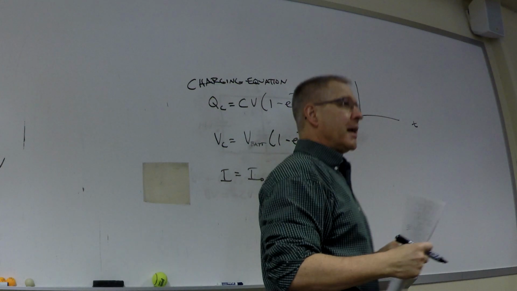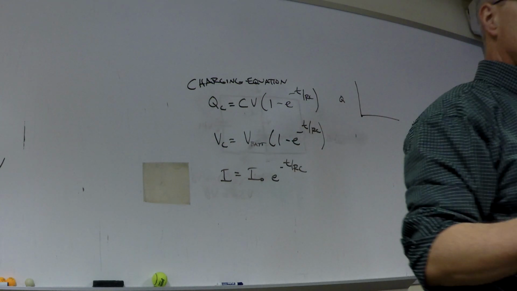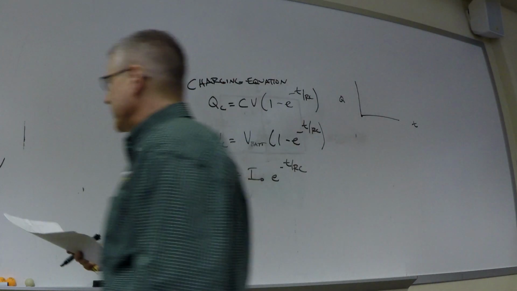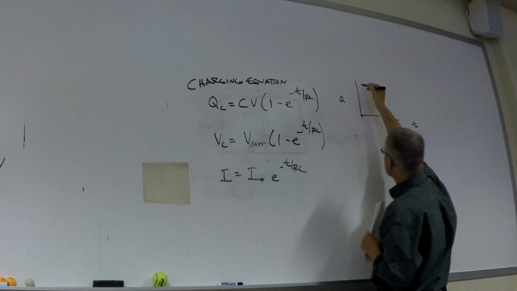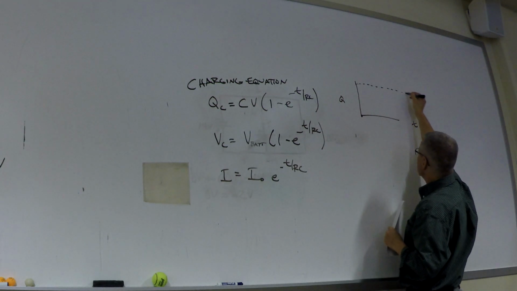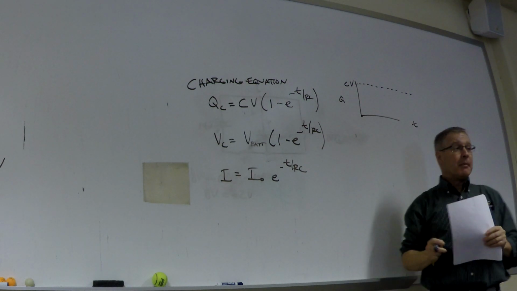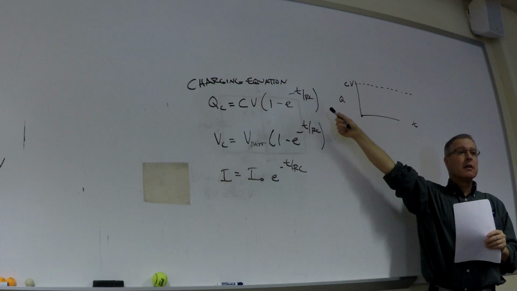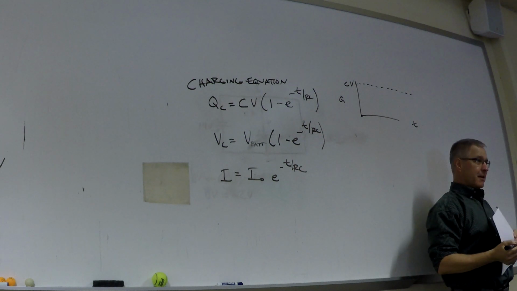If I wait long enough, where should we be? At the maximum value, which is this. So at some point, we're going to reach some maximum value. This says how it's going to get from here to here. So what does that look like on the graph?